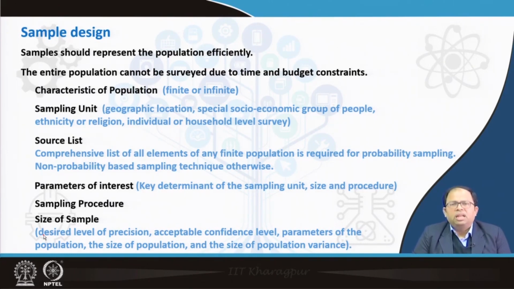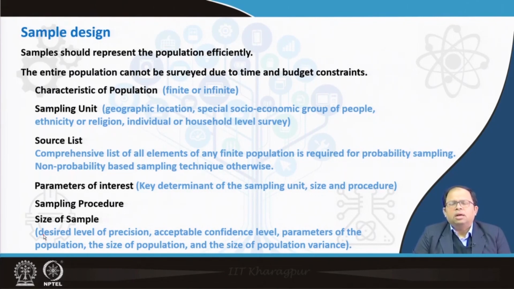So we require the full list of the population that we are surveying. This is particularly required for probability sampling, because only if we have the list of all the names can we randomly select some of those people. If we don't have those lists, then we cannot go for probability sampling. We have to go for non-probability based sampling techniques.